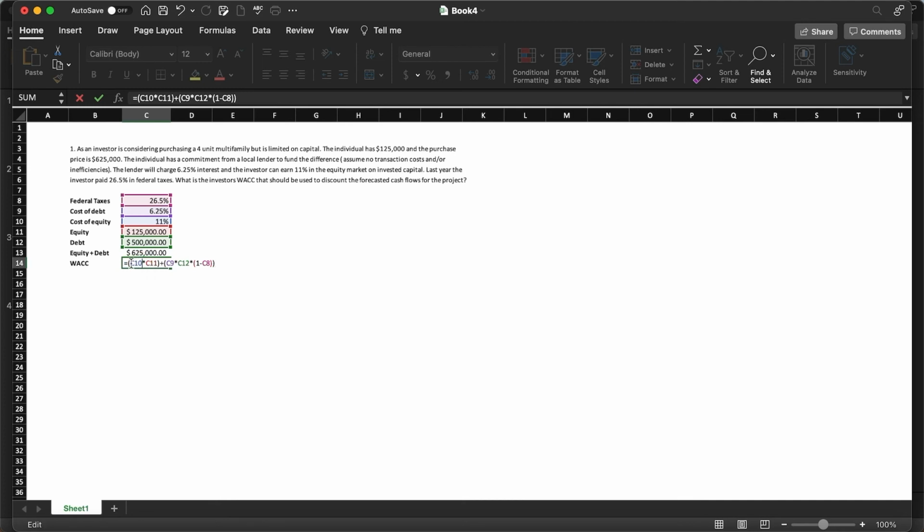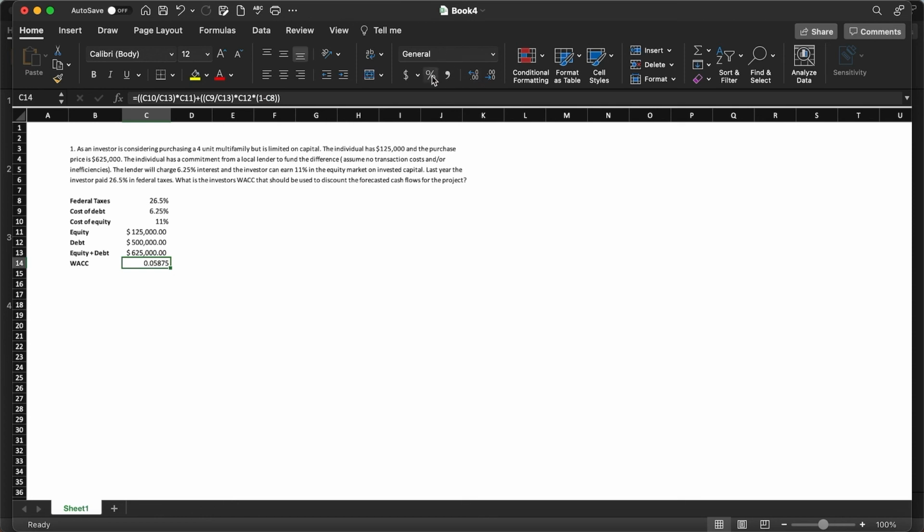I forgot to divide over here by the total value, which is this. Let's close it in parentheses, and here you've got the same thing, the total value of 625, and there we go.